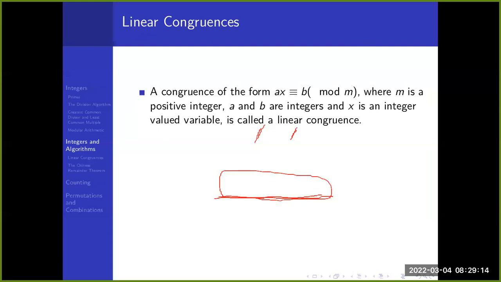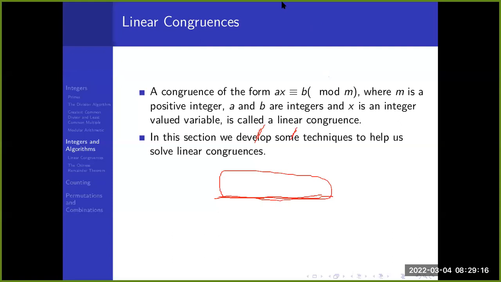So now, using those ideas, we can talk about a certain type of congruence. We call them linear congruences. A congruence of the form AX is congruent to B modulo M, where M is a positive integer, A and B are integers, and X is a variable.